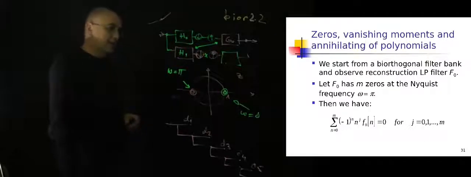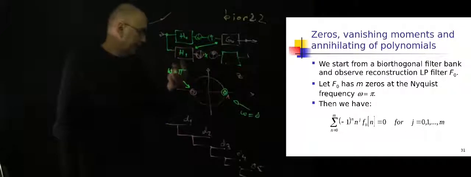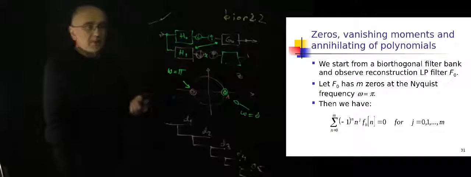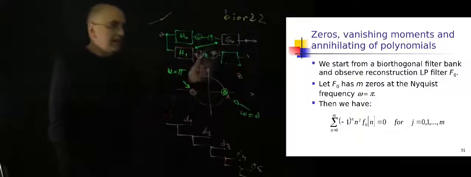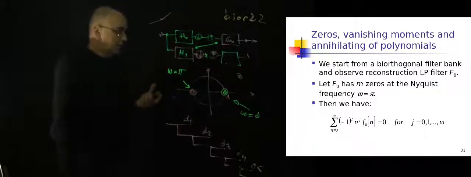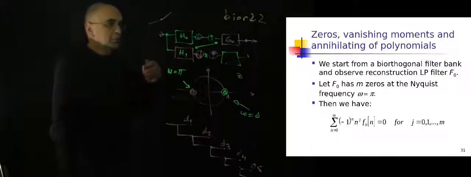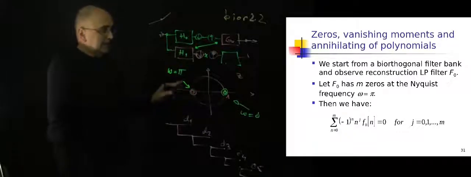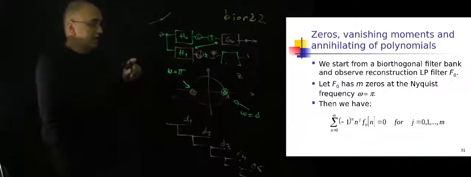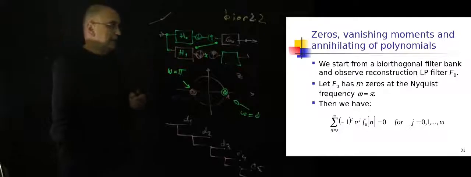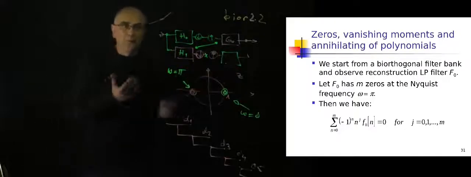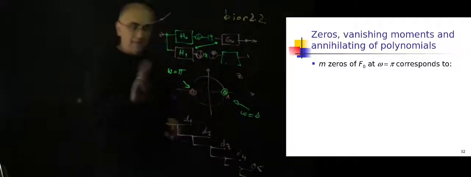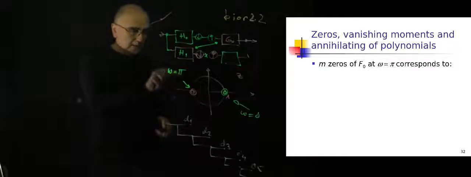So the claim is that having zeros at the Nyquist frequency means that this filter is going to kill signals of that form, -1 to the power of n times n to the power of j. Let's prove it.